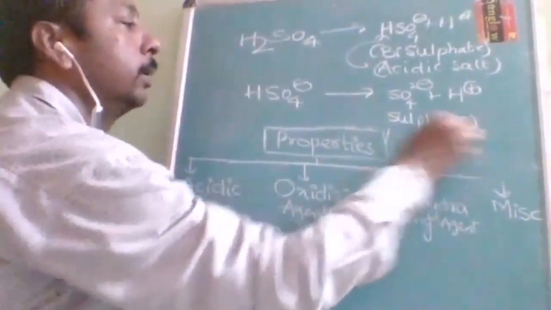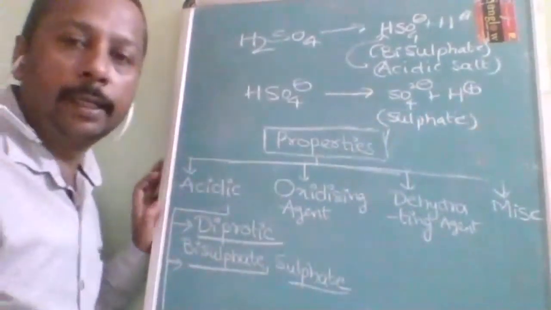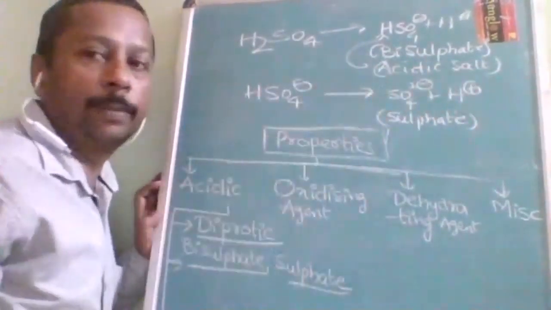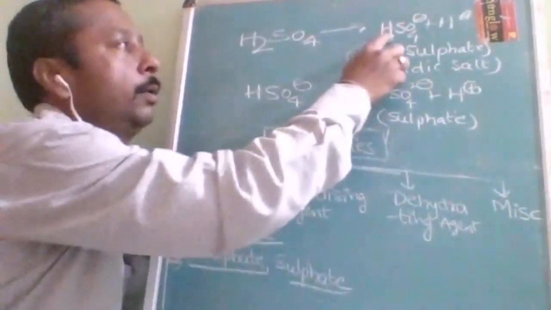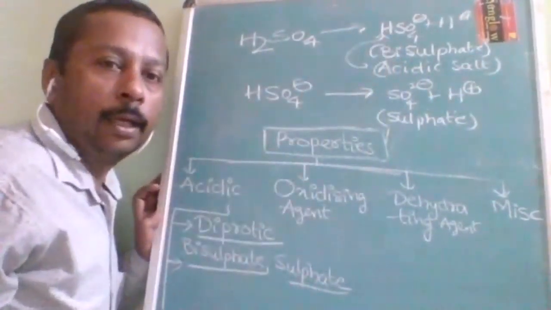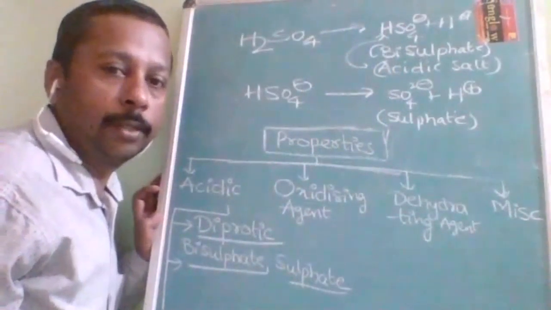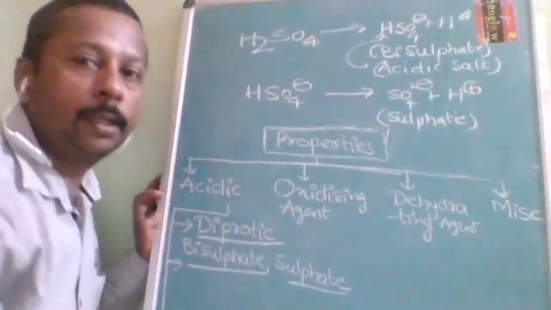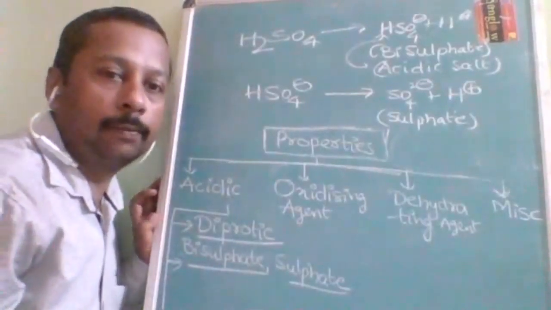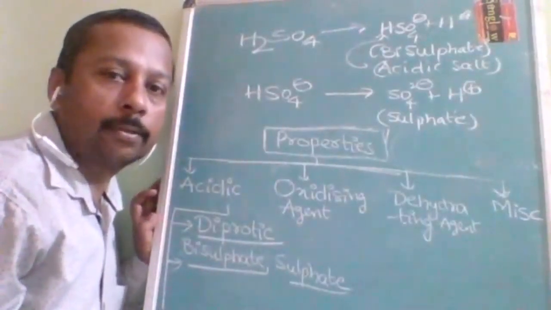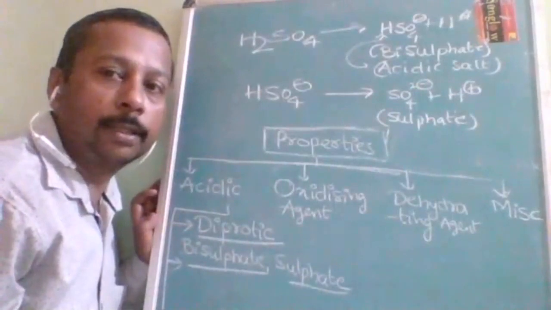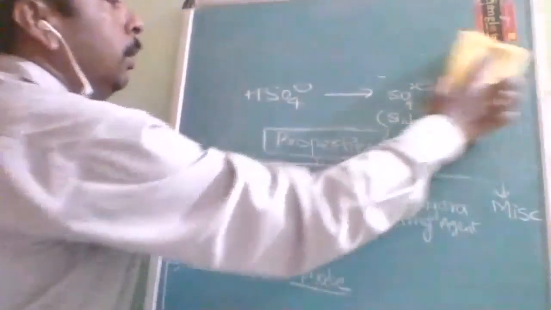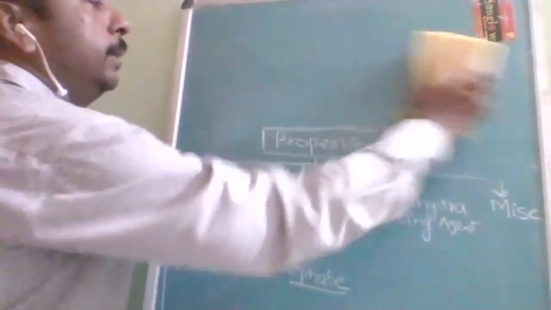The sulfate salts do not contain any acidic nature, whereas in bisulfate some acidic nature is attributed to the hydrogen available in HSO4 minus. Is it understood, students? So sulfuric acid is a diprotic acid and forms two series of salts. The first is called bisulfate, the second is called sulfate. Now we are going to study some examples.